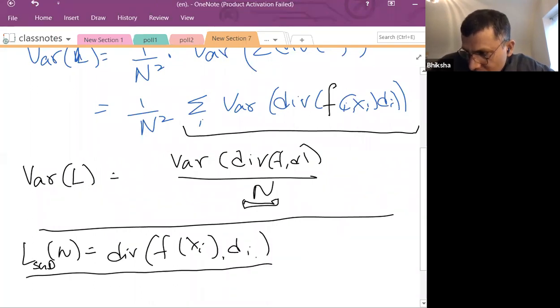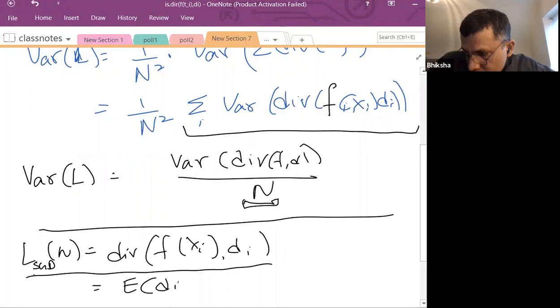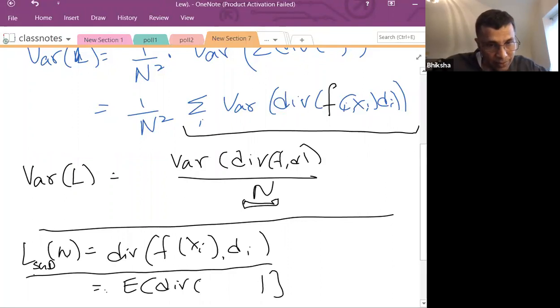What is the expected value of the SGD loss? Anyone? If I take an expectation, what's this going to be? The expected divergence, which is basically exactly what you want. So this is an unbiased estimator. Even if you're considering only one sample, the expectation of your loss is the expectation of the divergence. What about the variance?